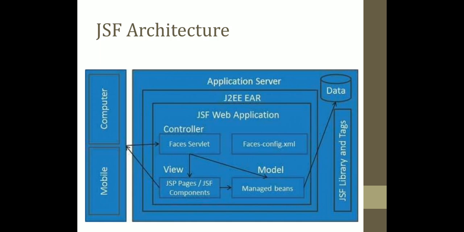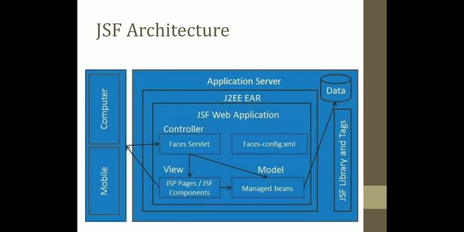So we can summarize the JSF architecture as follows. The JSF application and Java Bean classes act as a model and contain data and business logic. So this is related to the model part.